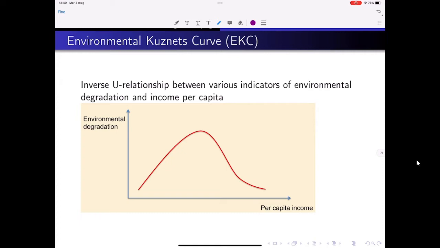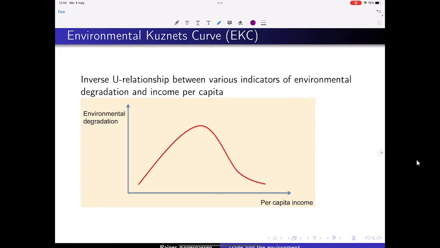The expected result is that for low income countries environmental degradation is low, then as income increases, environmental degradation increases, and at later stages environmental degradation should go down. This should lead to the curve.